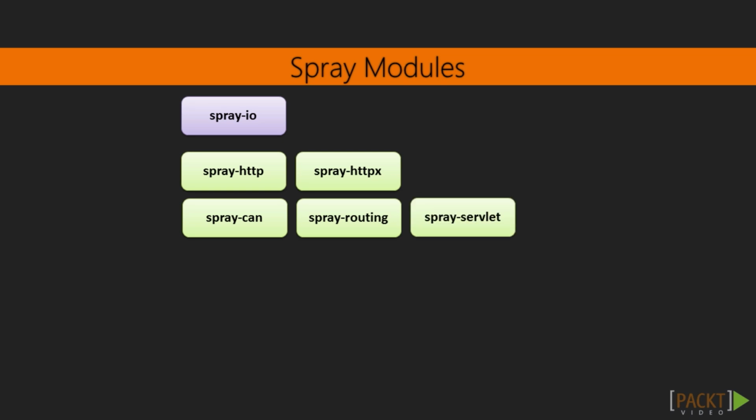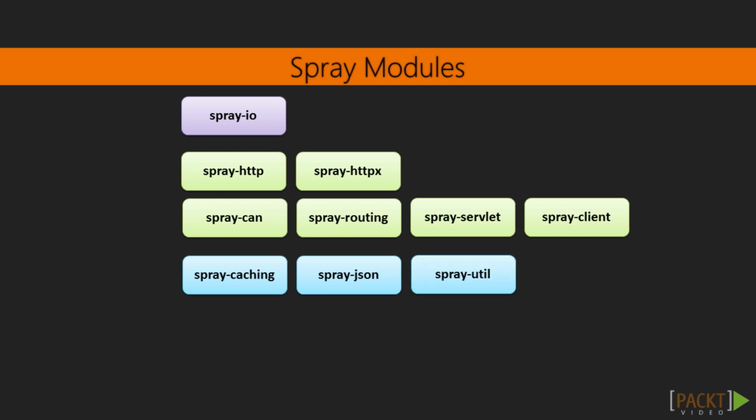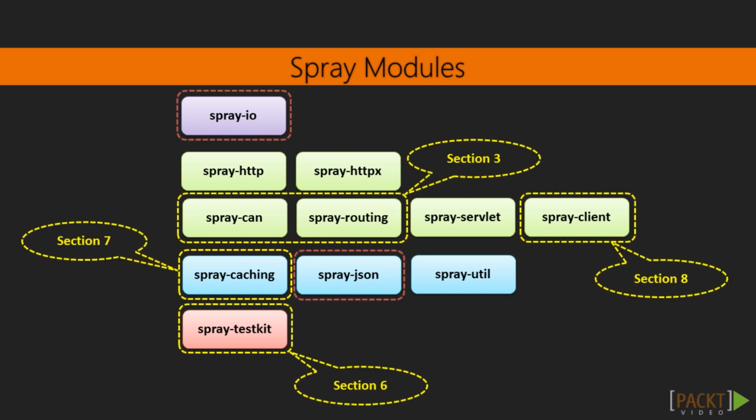Spray Servlet serves as an adapter layer, providing the capabilities to integrate with the Java Servlet API. Spray Client provides higher-level client-side HTTP support. Spray Caching provides fast and lightweight in-memory caching. spray-json provides a lightweight, clean and simple JSON implementation in Scala. Spray Util is a small utility module used by all other modules. Spray Test Kit provides a DSL for easily testing Spray routing services.